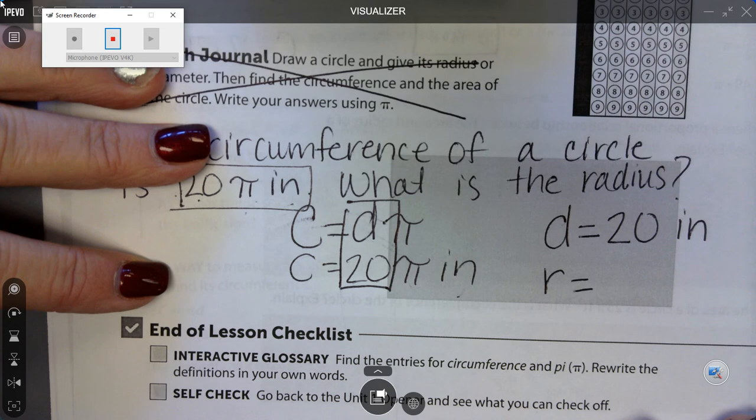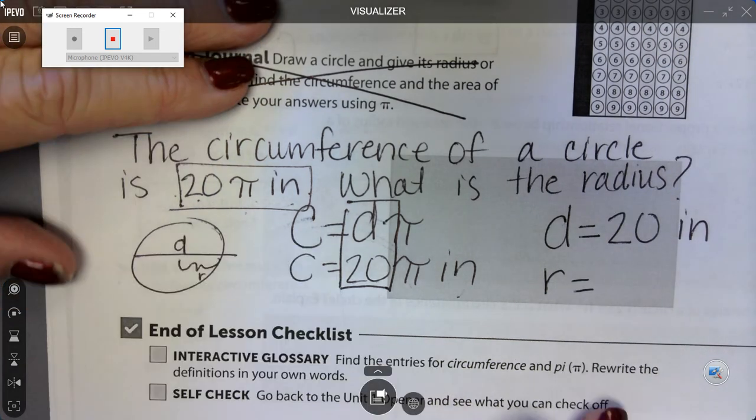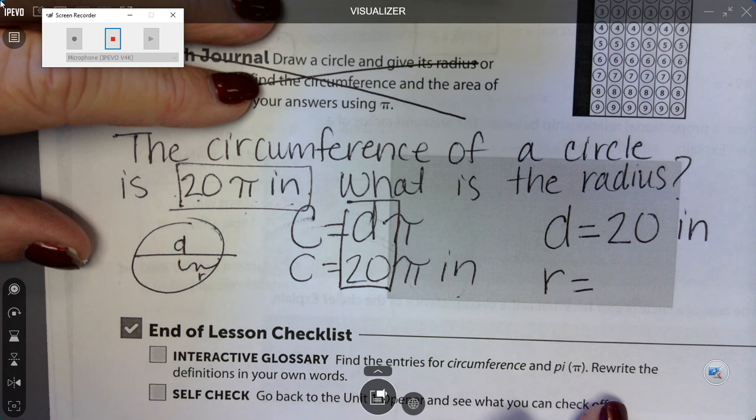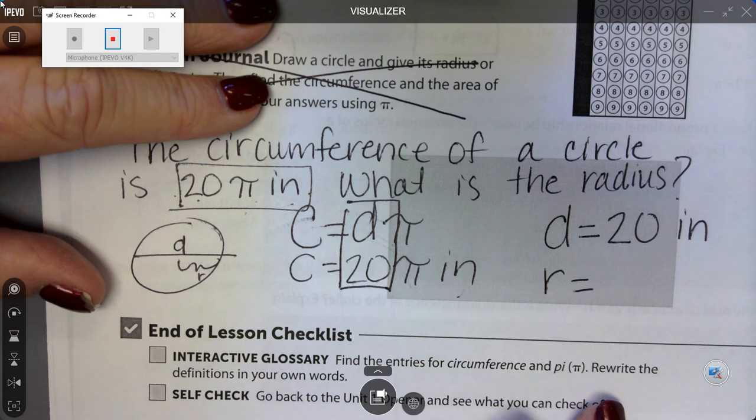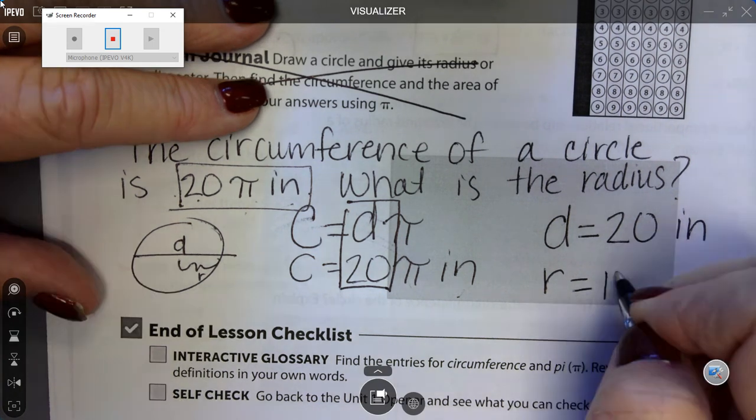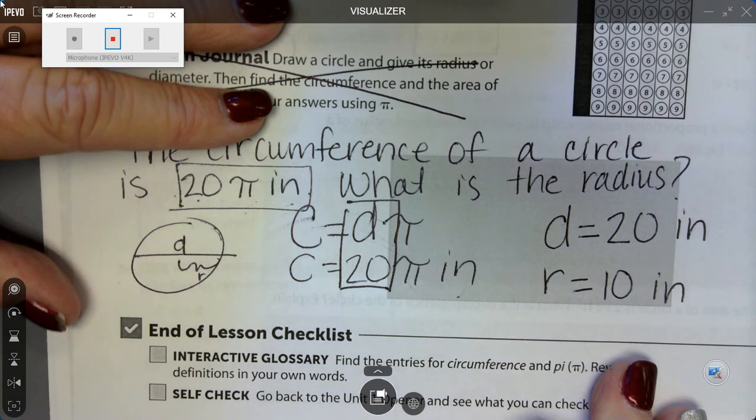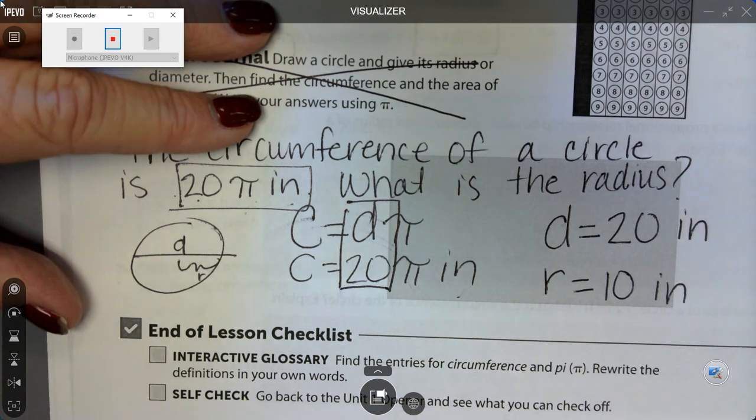Remember, the radius is half of the diameter. So half of 20 is 10 inches. All right? Okay.